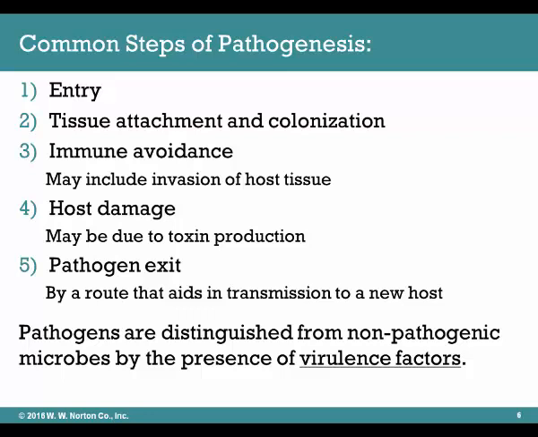And then once the colonization occurs, there can be toxin production, or the toxin production may occur after invasion of the host tissue. And that's really the most common way that bacterial pathogens are causing damage to our tissues. And then finally, a pathogen will exit our body in an attempt to be transmitted to a new susceptible host and to persist in the environment in that manner.